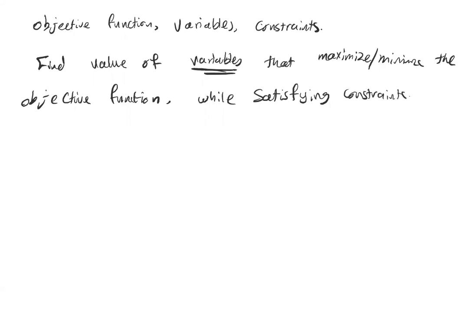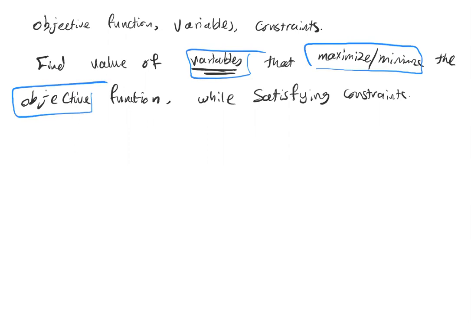So you can see all major components of the problem: variables, maximize or minimize, objective function, and constraints. These are the 4 important components.